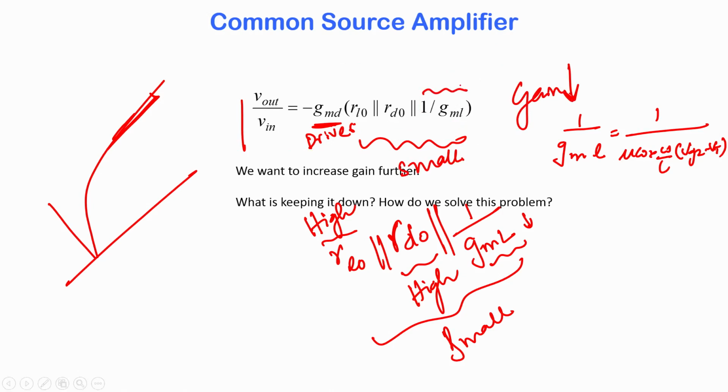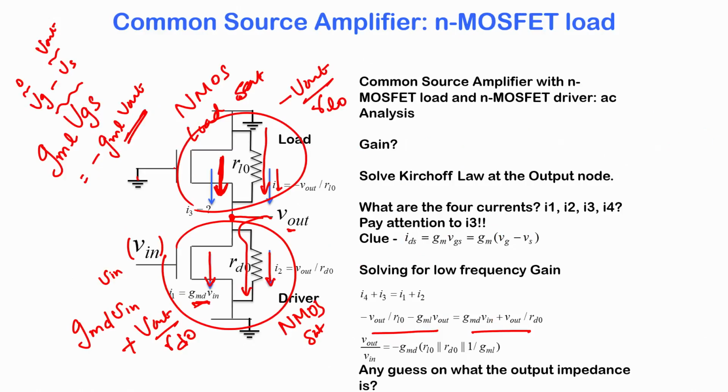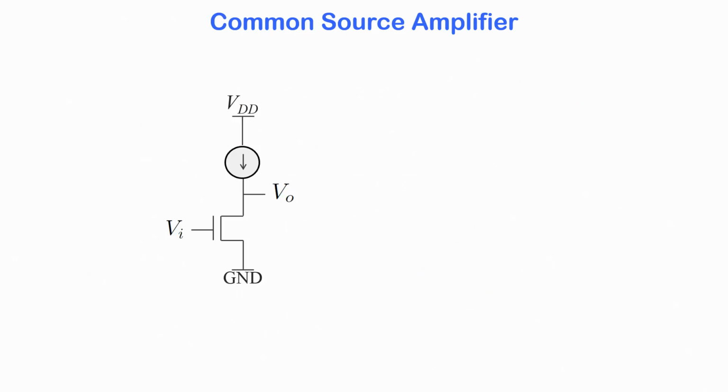And what is that GML due to? It is due to the gate to source voltage of this MOSFET, of this load, fluctuating, because it was an n-MOSFET. So, how do I get my high gain? It looks like adding another n-MOSFET does not work.